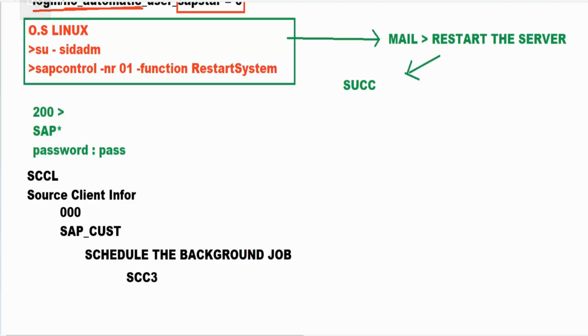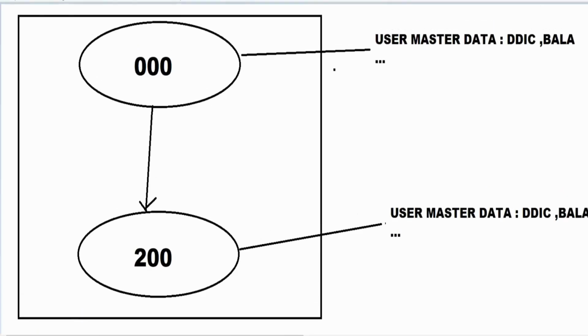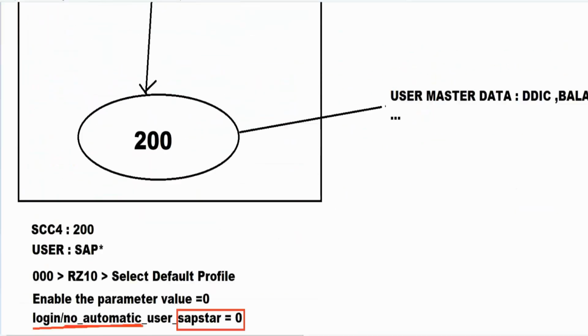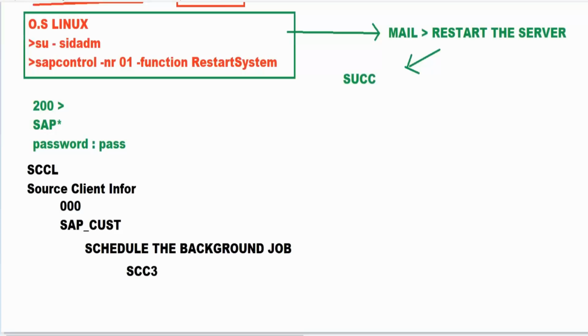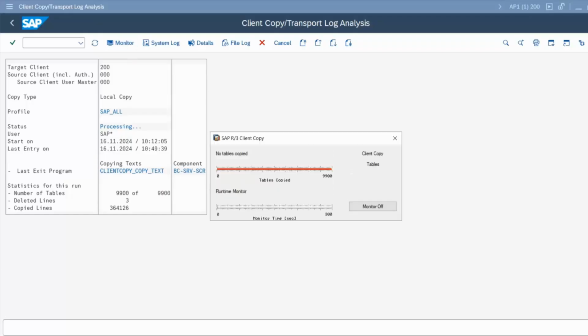This is what we did as of now. Within a system we are copying the data. That's what we call a local client copy. So still it is in processing status. You can check tables copied.